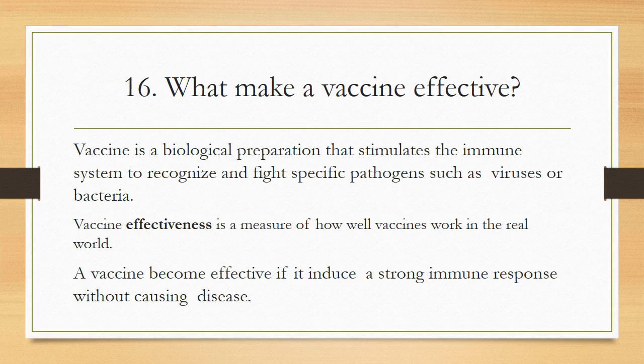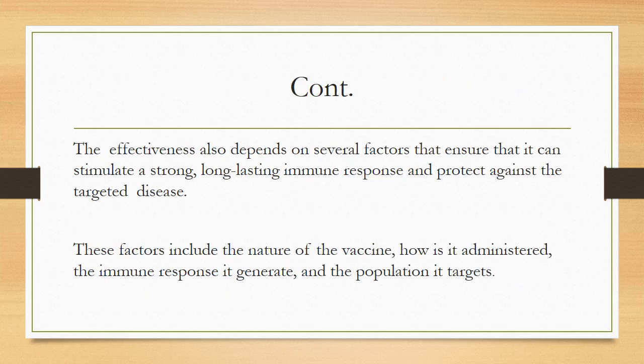Then vaccine effectiveness is a measure of how well the vaccine works in the real world. So a vaccine becomes effective if it induces a strong immune response without causing disease.